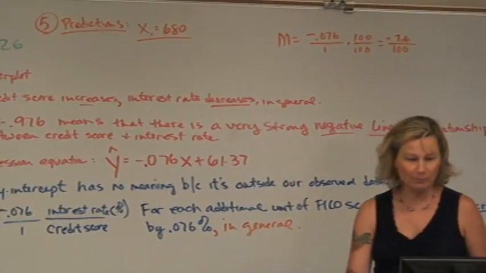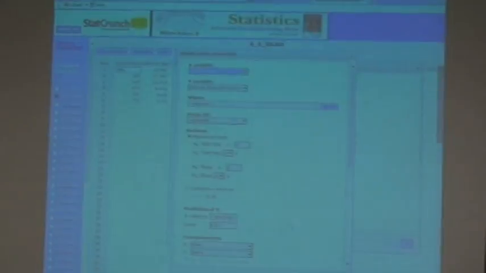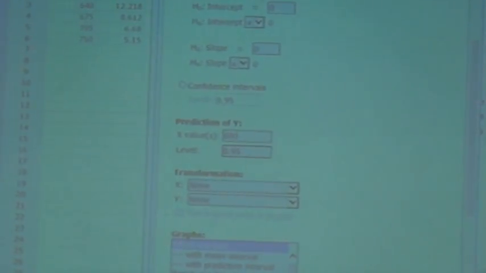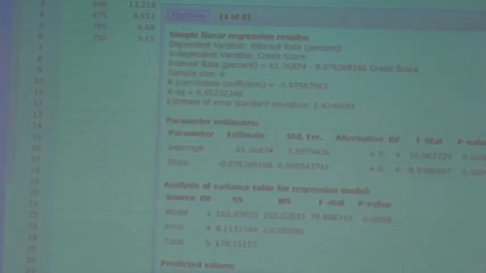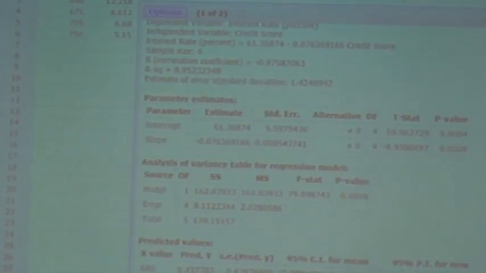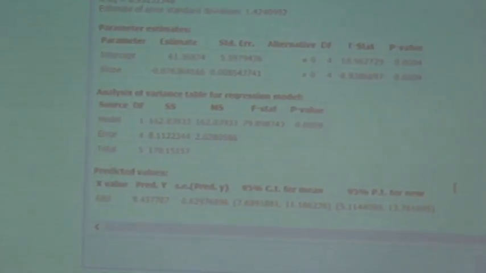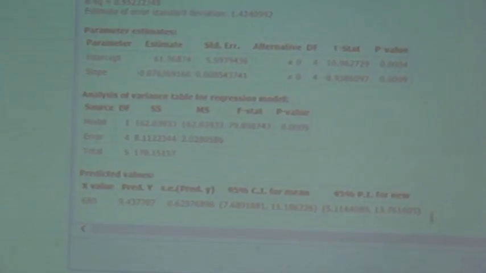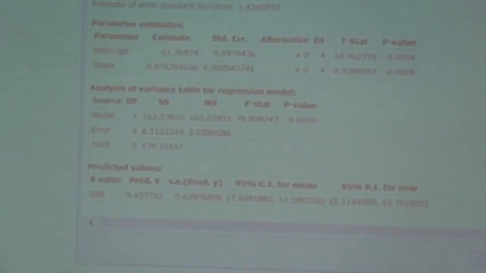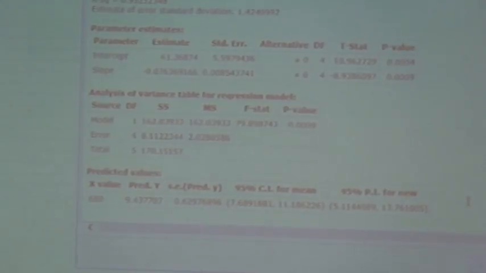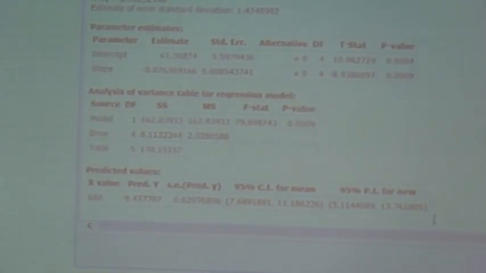Okay, we can go back into StatCrunch, go to options, edit, and then down where it says prediction of Y, where it has X values, let's type in 680 and compute. That output is going to be at the bottom of your output. If you have a FICO score of 680, you can get about a 9.4% loan.